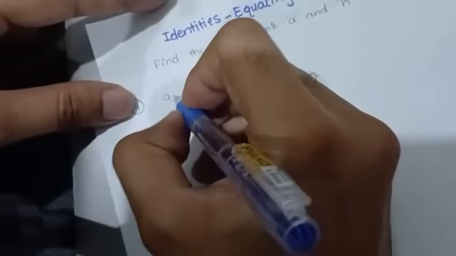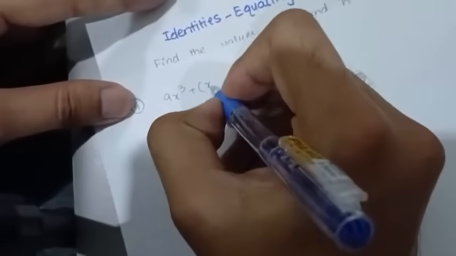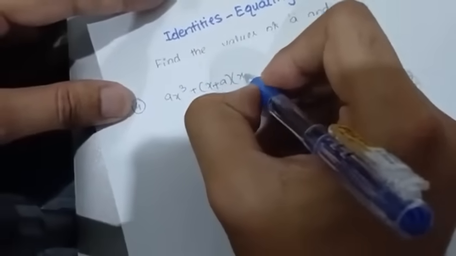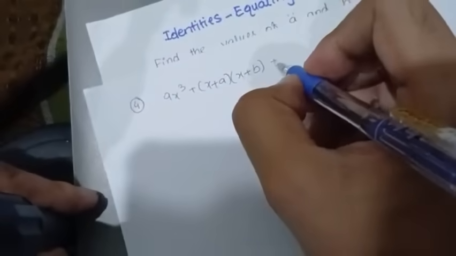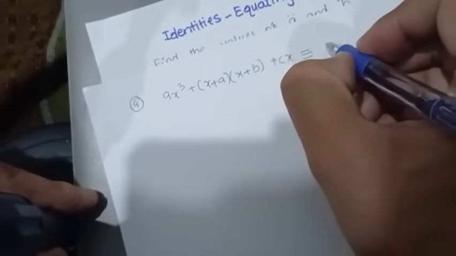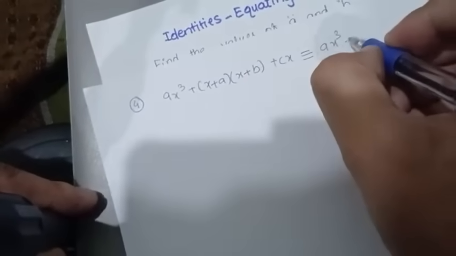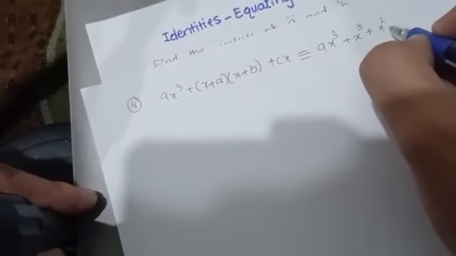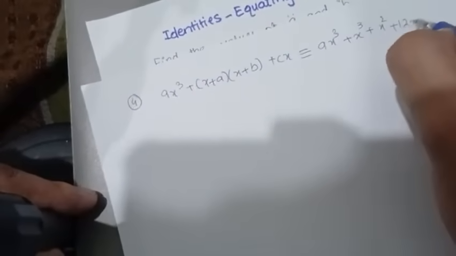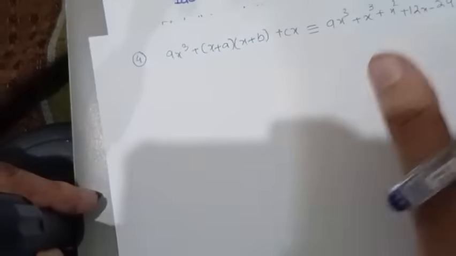This is our complex problem: 9x cubed plus (x plus a)(x plus b) plus cx is equal to ax cubed plus x cubed plus x square plus 12x minus 24.